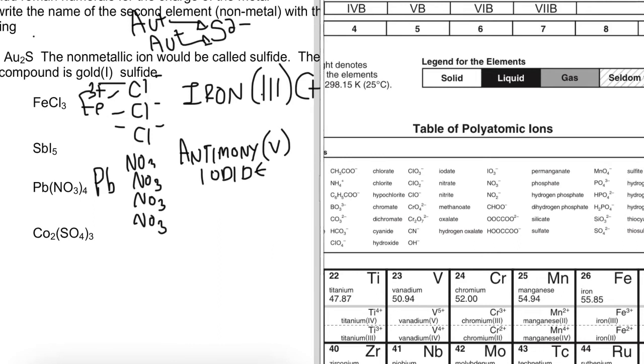Take a look at the polyatomic table. NO3 carries just a -1 charge, and then lead is giving up 4 electrons, so it's going to use its 4 positive charge. The name there would be lead(IV), Roman numeral IV is a V with an I in front, and then nitrate.